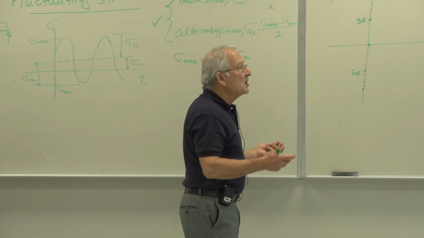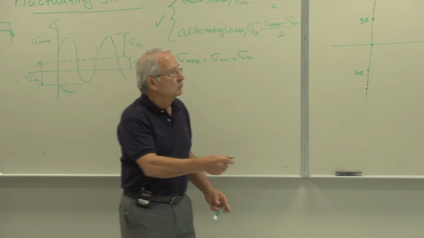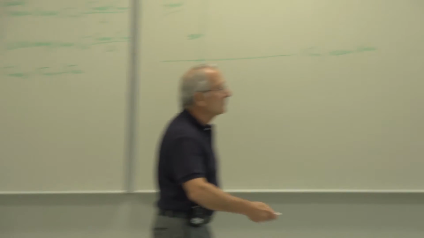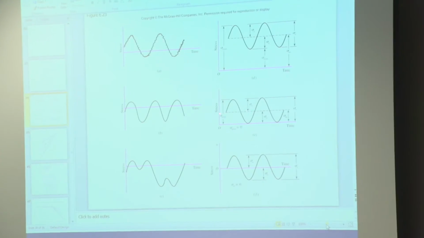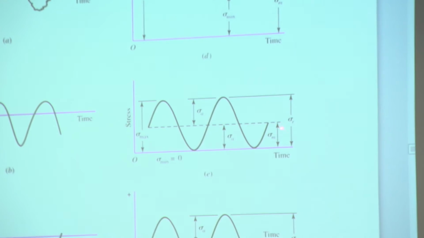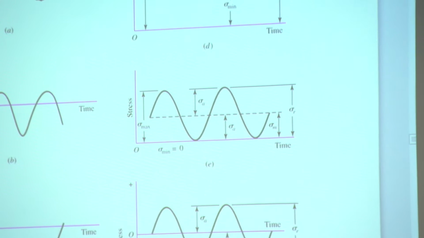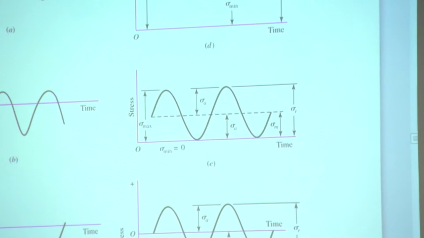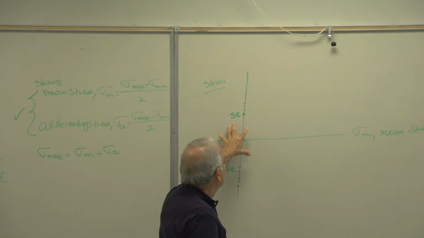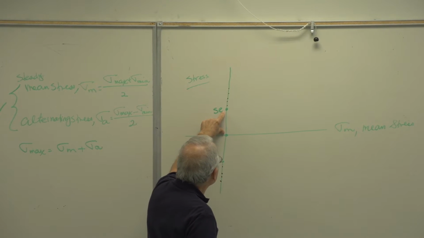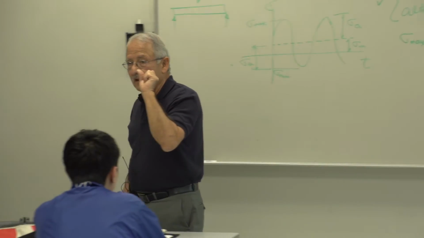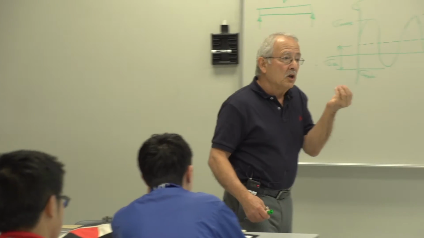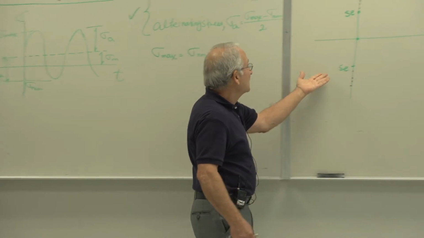If the mean stress is not 0, for example, that, non-zero mean stress, tension in this case, we'll take a look at compression too. In order to preserve this infinite life, at least 10 to the 6 cycles, what do you think will happen to the alternating value of the stress? In other words, can it still be equal to SE?